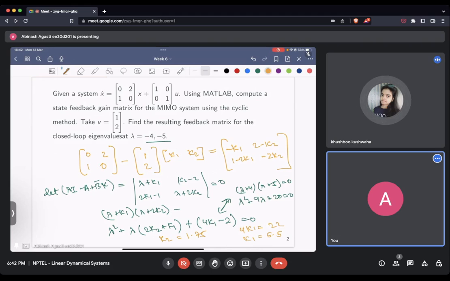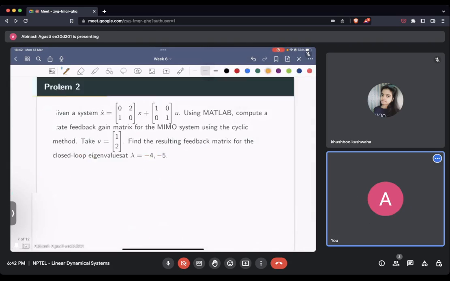Yes, sir. So let us just do this entire thing in MATLAB. Before that, what we did is we originally had two inputs, but we decomposed it into a one-input system.